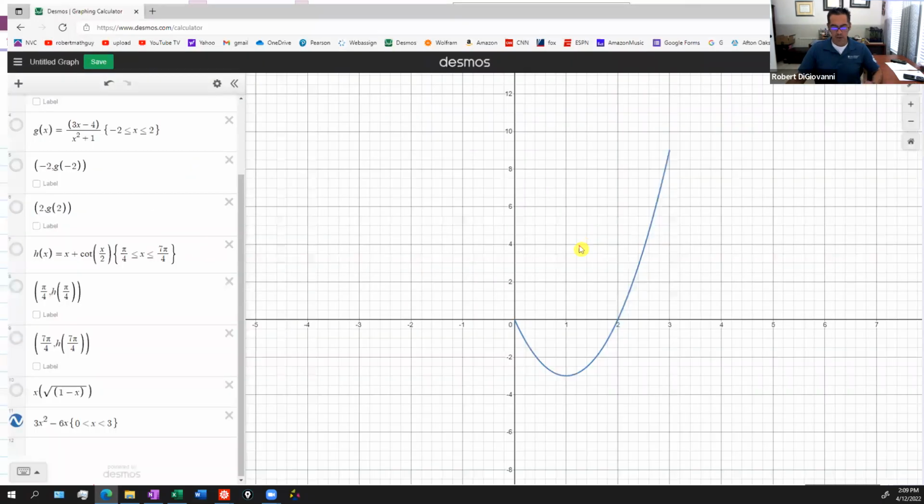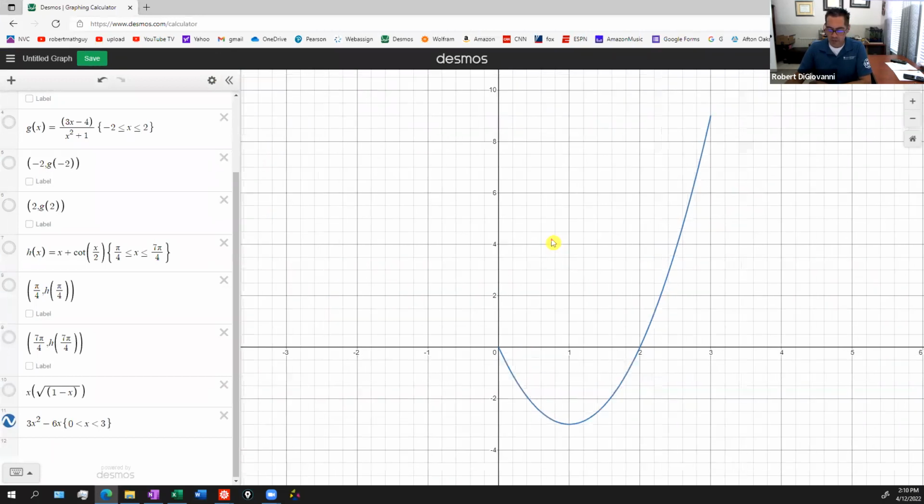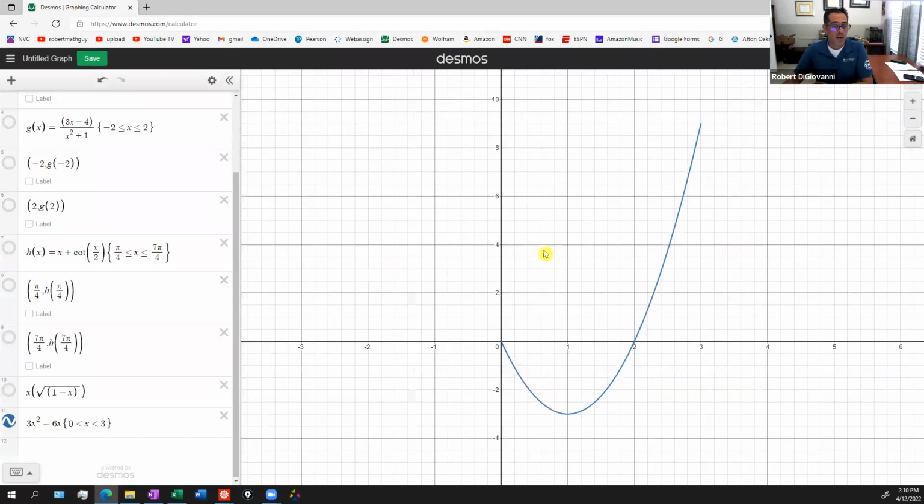Okay, so there's the graph of that function between 0 and 3. What we're trying to do is this: if we connect these two endpoints together, that has some slope.